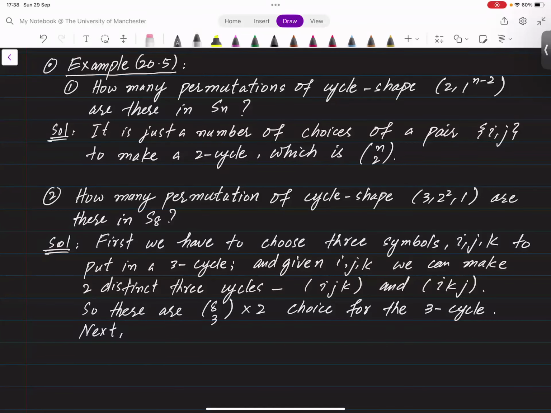Next, we choose 2 symbols l, m from the remaining 5 to put in the first 2 cycle.